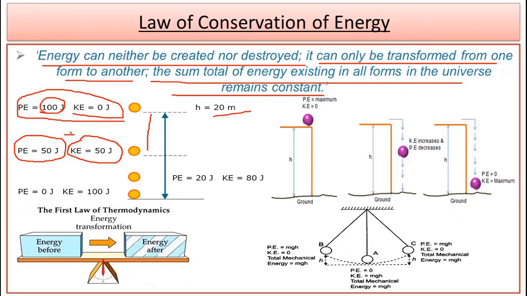And when you add this potential and kinetic energy, you will get the same amount of energy as in the previous situation. And when the ball falls down or hits the ground, at that very point, the kinetic energy is at its maximum level of 100 joule, whereas the potential energy is zero. Again, if we add the potential energy and kinetic energy at this point, we will observe the sum is the same as what we started with.